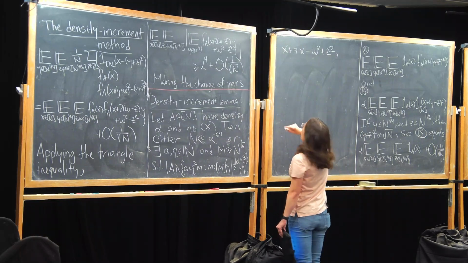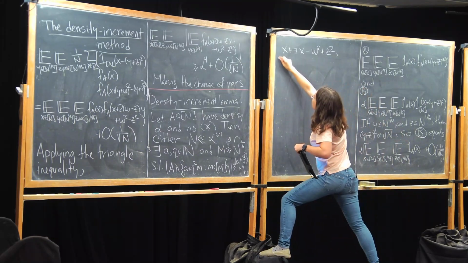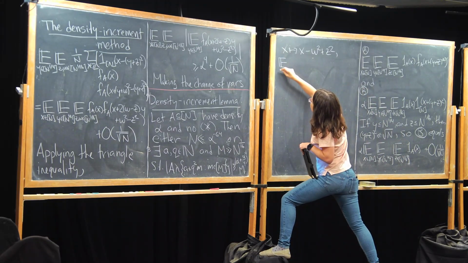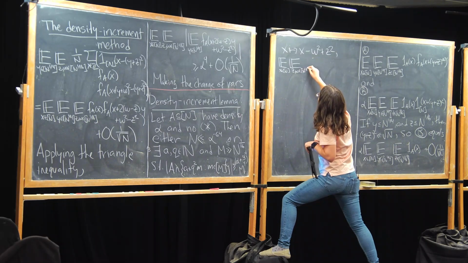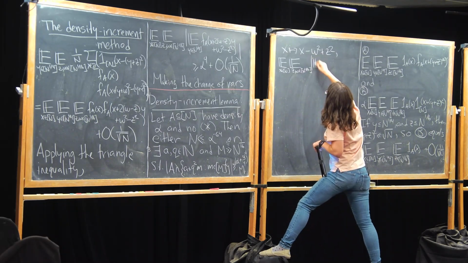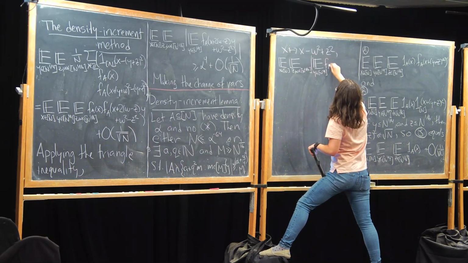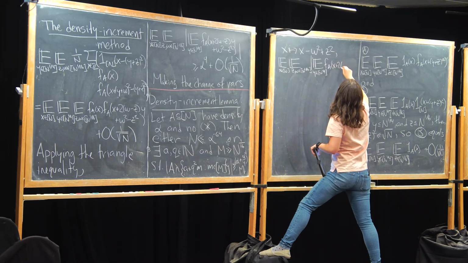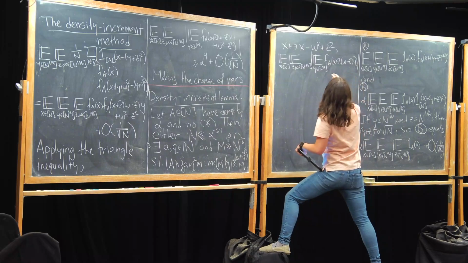We get that our average over x, average over z and w, then the average over y, of the balanced function at x plus 2(w minus z) y, this is large.